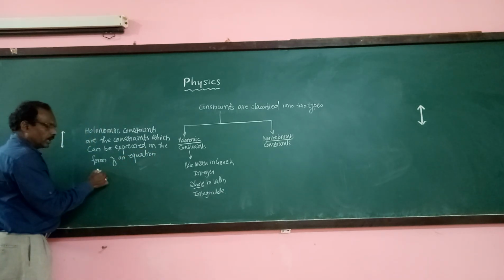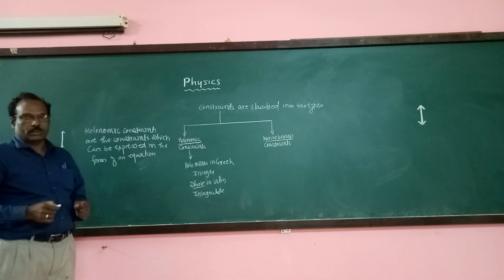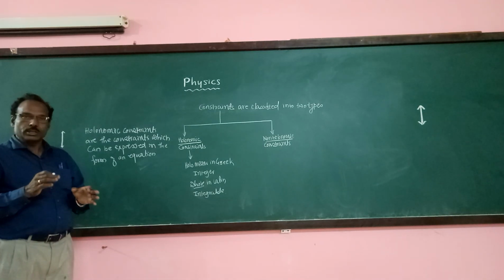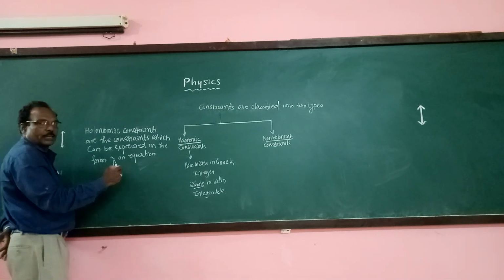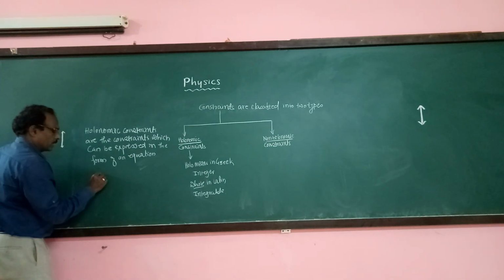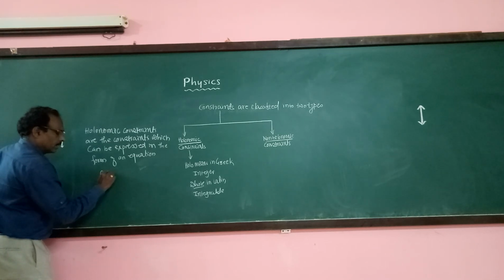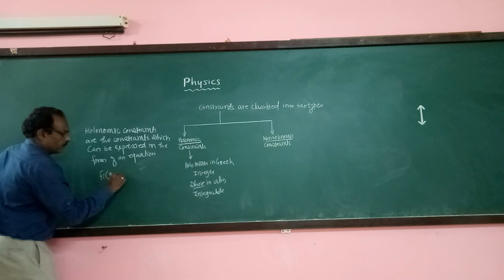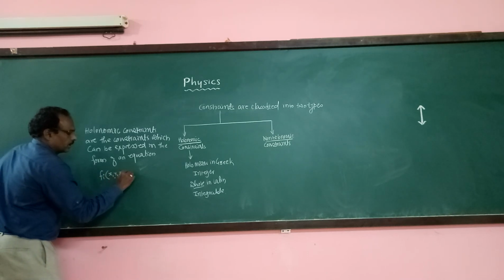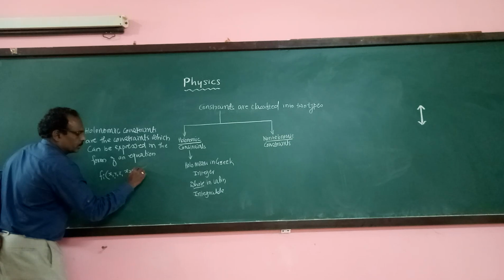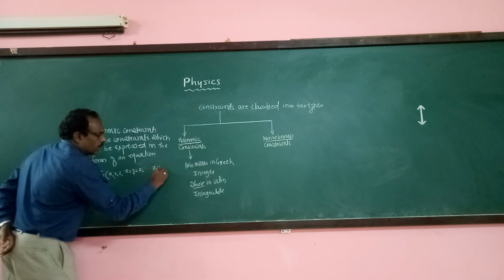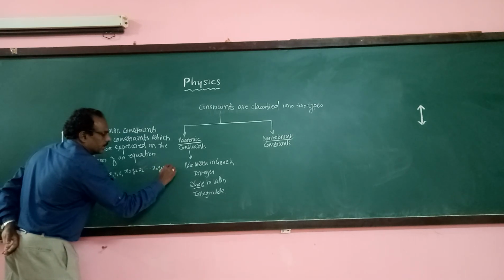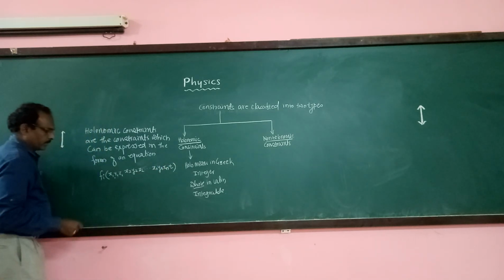The equation gives the relation between the constraint and the coordinates. For example, f_i of x1, y1, z1, x2, y2, z2, and so on up to xn, yn, zn and t.